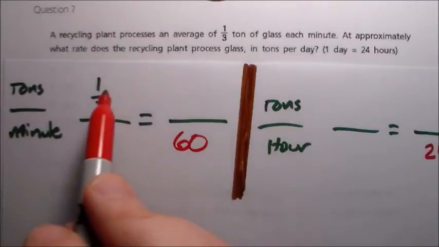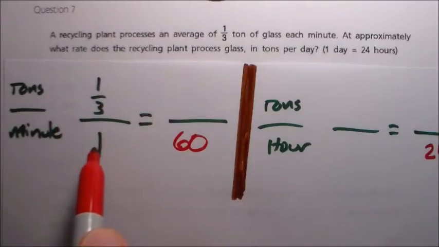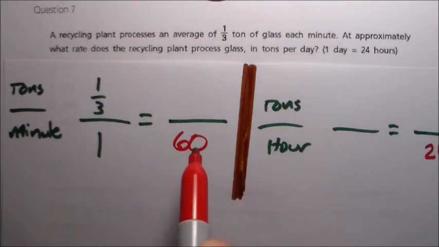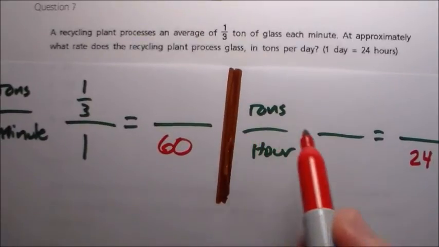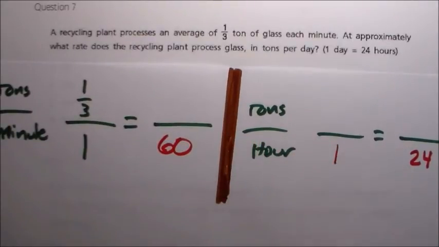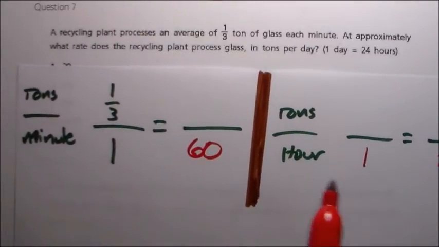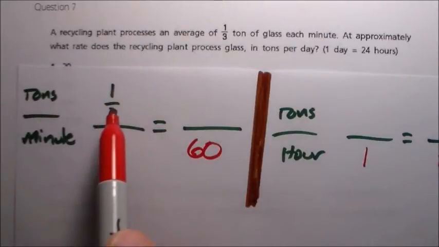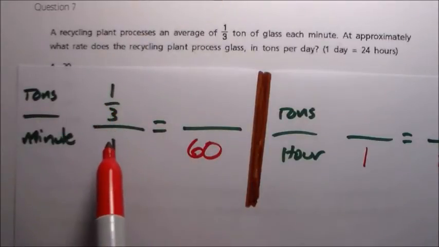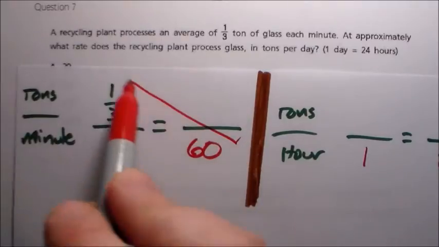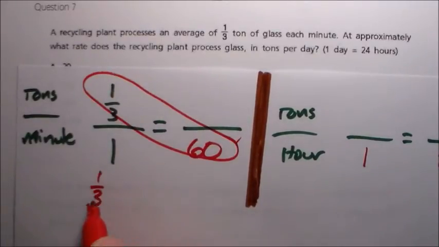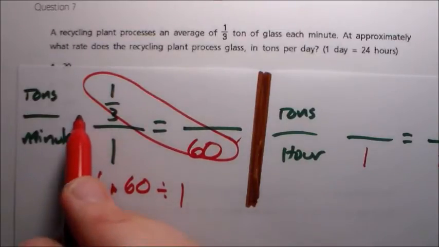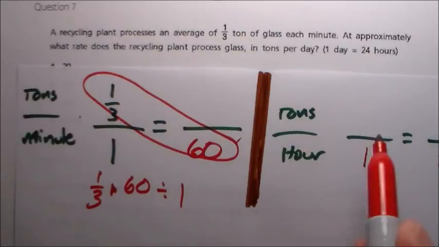So if 1/3 ton per minute, how many tons per 60 minutes? That will give us tons per 1 hour. That makes sense, right? We cross multiply.